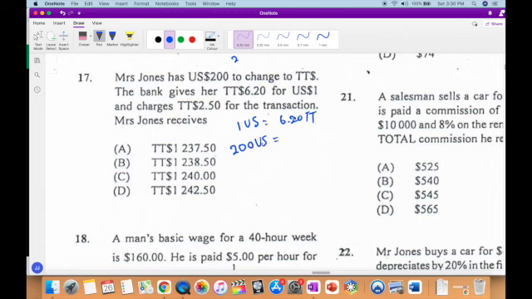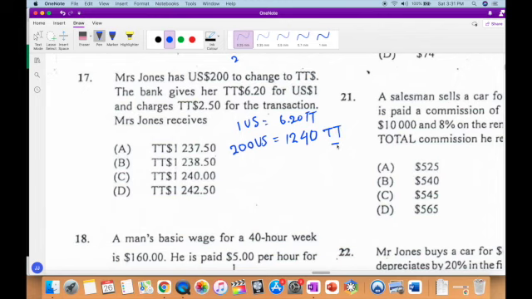Well, that will be 6.20 times 2. So that is 2 times 6 is 12, and 2 2s are 4. Then I'll add the 0. So that's 1240. 620 times 2 is 1240 TT.